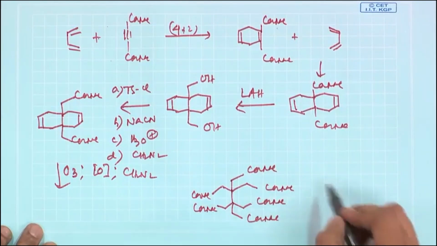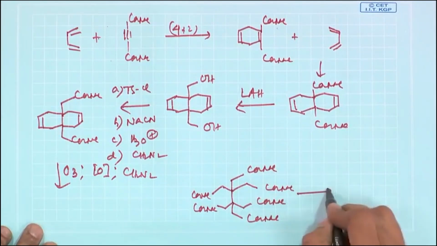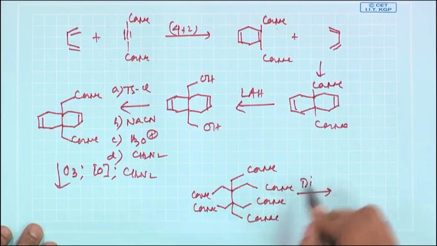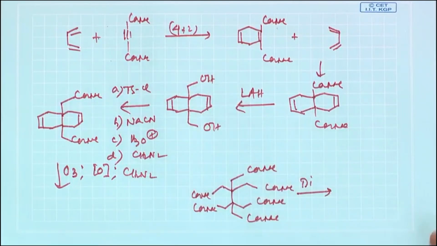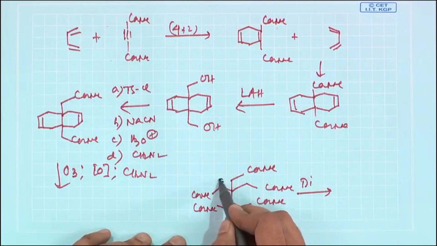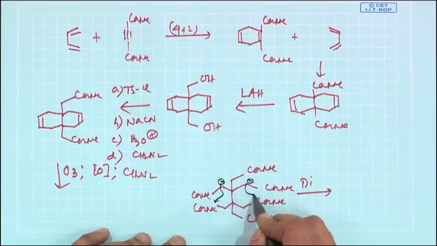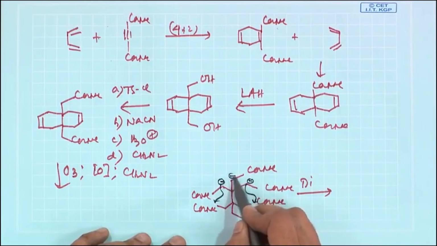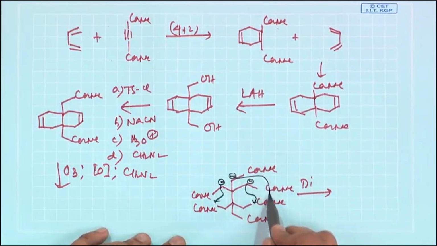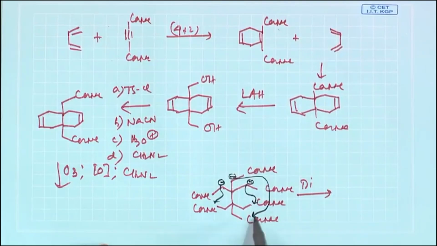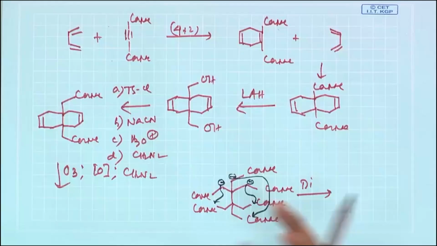Now, this intermediate will undergo Dieckmann reaction as discussed earlier. So, basically how this reaction will take place: this minus will react with this carbonyl, this minus will react with this carbonyl, this minus will react with this carbonyl. Now, actually a different, complex situation may arise if cross reaction takes place.